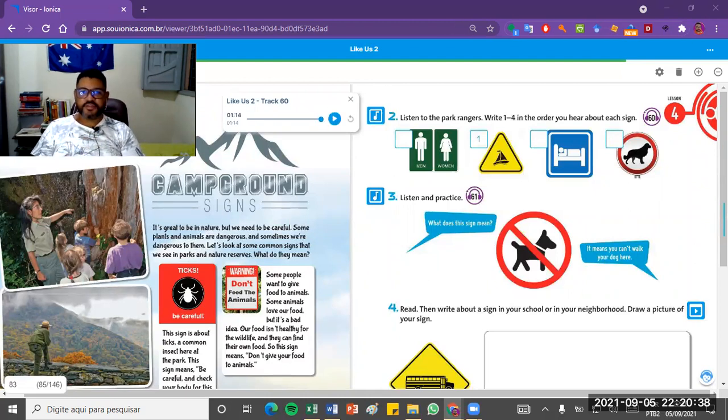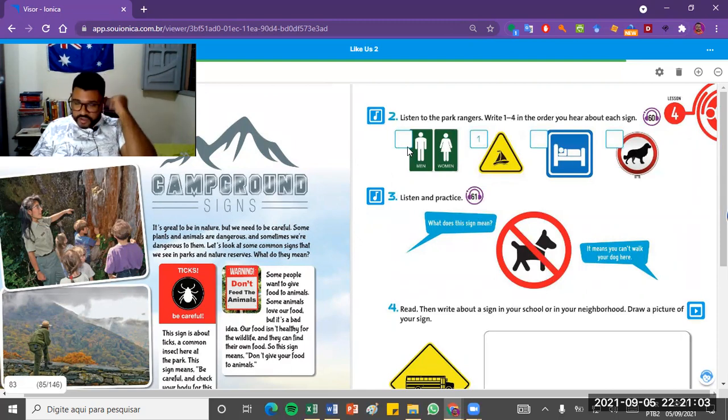Okay, perfect. So which order did you guys put on the signs? So the first one, just a second. The first sign we see here is about women and men bathroom. So we should put number 3 here, right? In the order we just listened to on the audio, it is number 3, all right? The second one is number 1, as already signed.